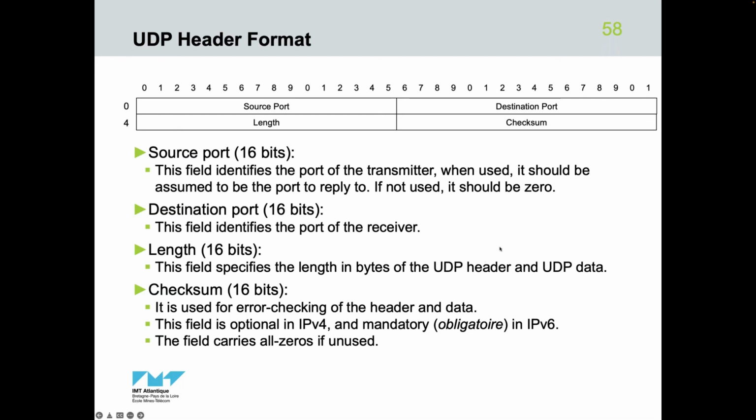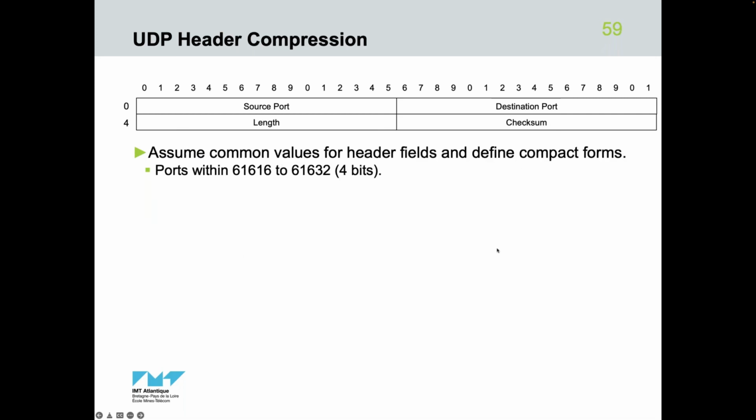Now, in RFC 6282, a specific range of UDP port numbers is defined. It allows the source and destination ports to be compressed from 16 bits down to 4 bits.